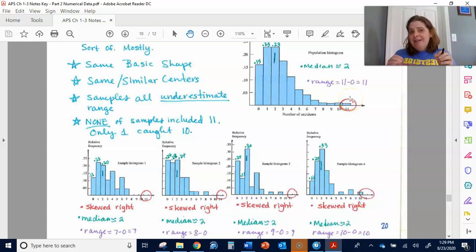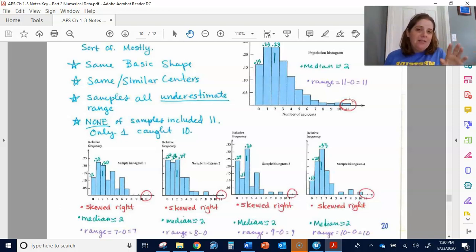So the idea is when we're talking about spread values, we're talking about range, we're talking about standard deviation, any of these spread values. When you take a sample from the population, you almost never get the extreme max and min in your sample. Statistically, that just doesn't happen every single time. Could it happen?